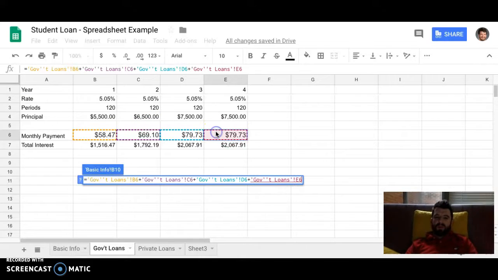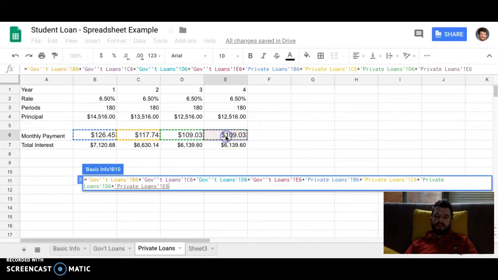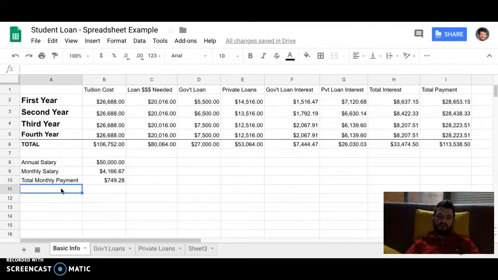Now you can also use the sum function, but either way is fine. And if you have more years, then you're going to have more things added together. So I see from my personal scenario, $749.28 is my total monthly payment for my loan.